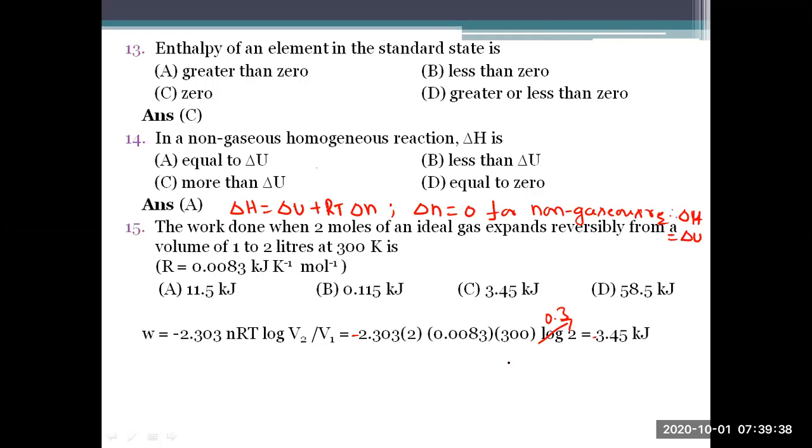It should be negative, of course, because work is done by the system as it expands reversibly. So work is done by the gas. It should be negative. Of the magnitudes they have given, that's the only answer that is matching. So option C is correct. Right? So we shall proceed further.